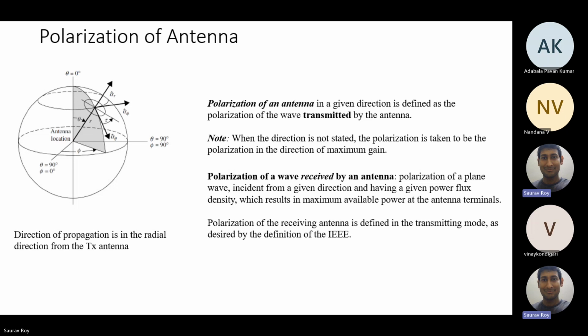That's why in the sphere you see the arrow pointing outward from the antenna location at the center. The outer layer of the sphere is the far field. So at some point in the far field, on the sphere, whatever the polarization at that point is, that would be the polarization of the antenna.